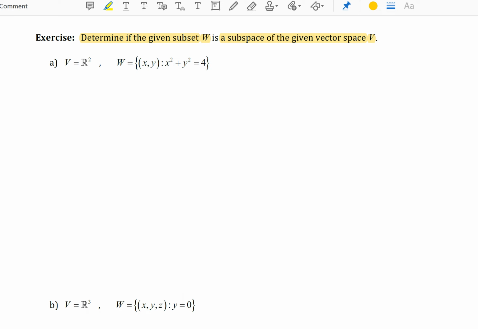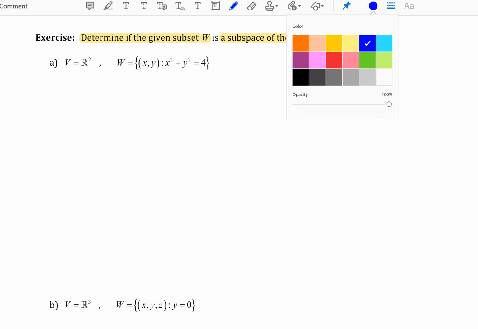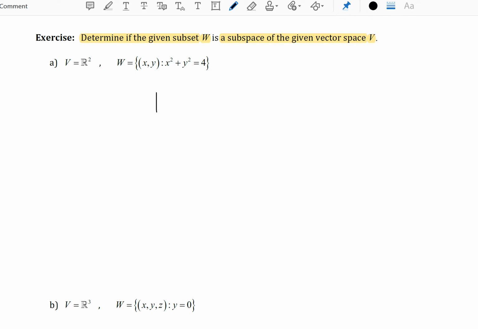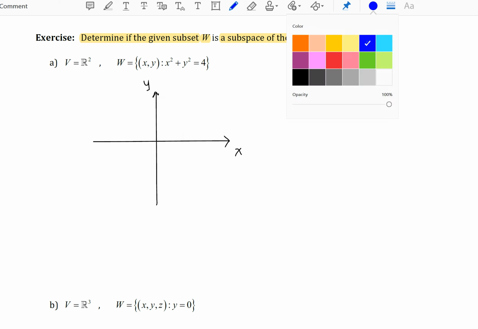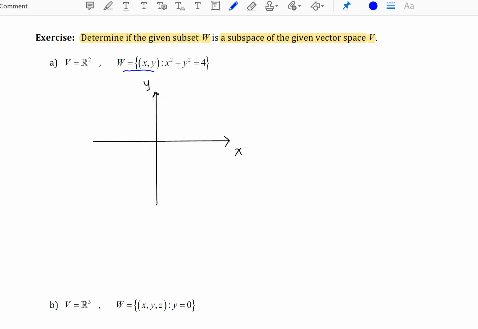So let's look at the first one. Consider the vector space R2. So you're probably thinking, let's start by drawing a coordinate system. So here's your vector space R2. And we're asking, is this a subspace?